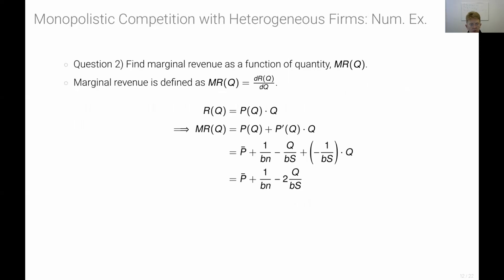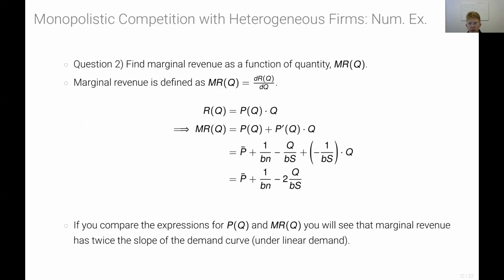For marginal revenue, the slope is just multiplied by 2, so it's twice as steep, but the y-intercept is the same as in price. This isn't by accident. If you compare the expressions, when we're in a setting with linear demand, marginal revenue always has twice the slope and the same y-intercept.